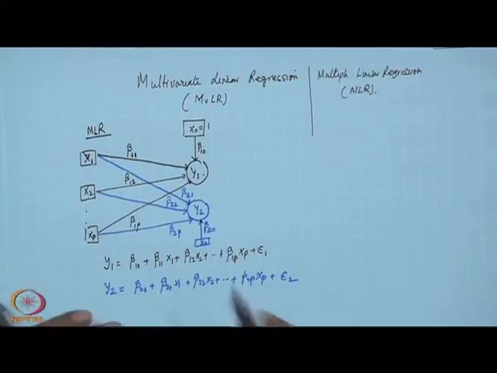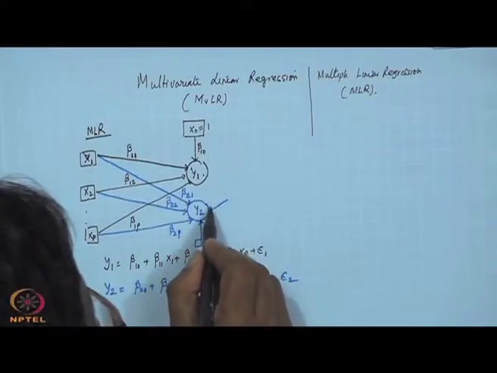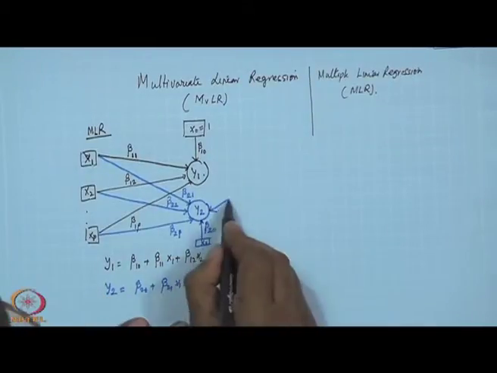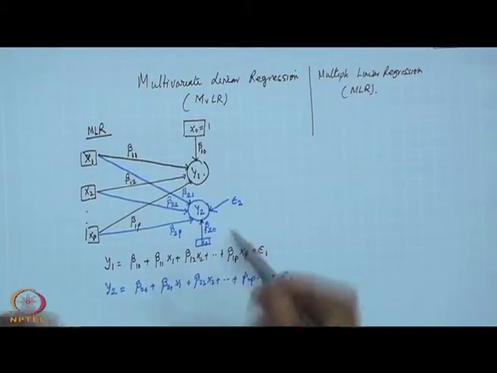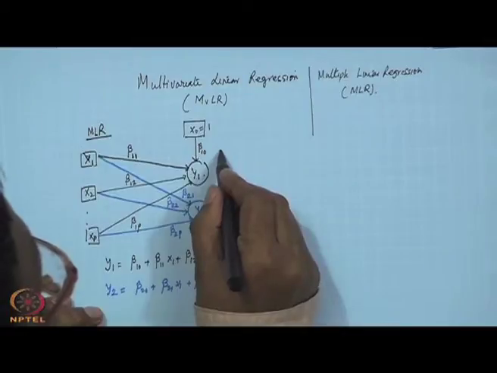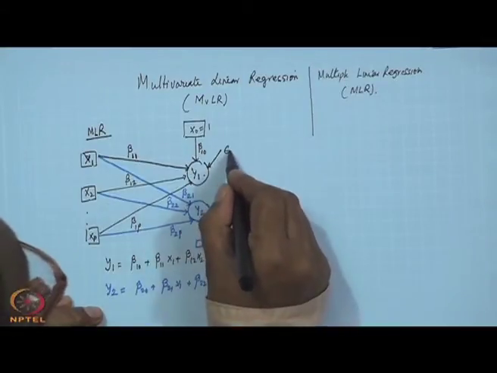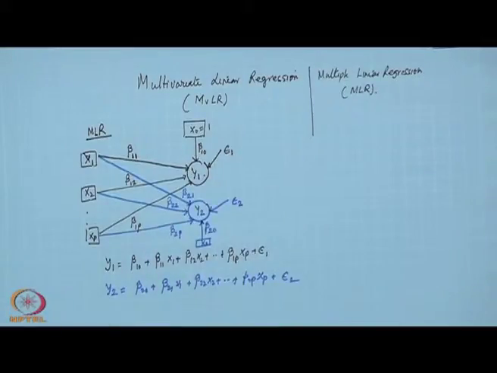So, in this diagram there is another component which is epsilon 2. Similarly, for the y1 case there will be another component which is epsilon 1.